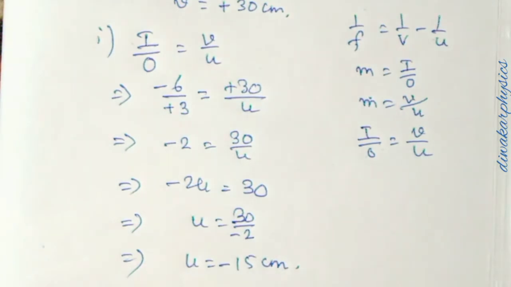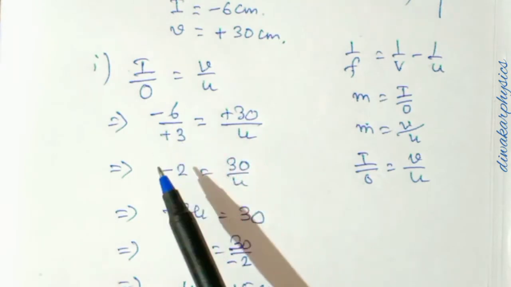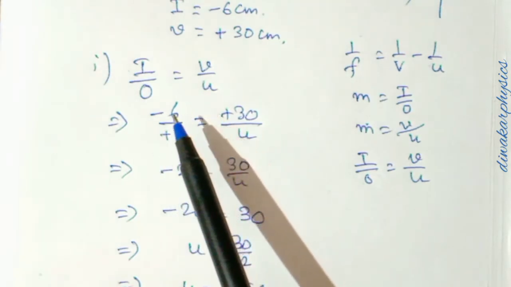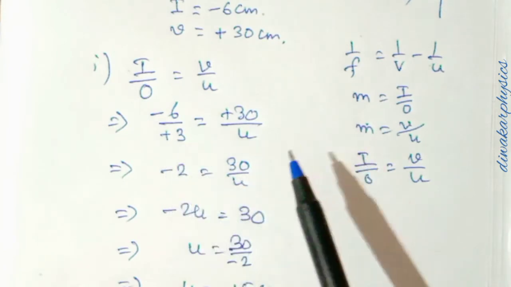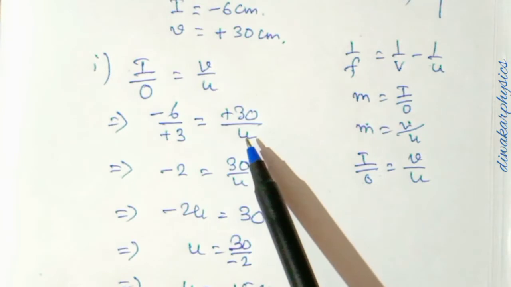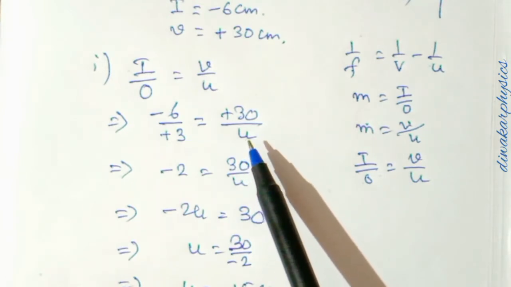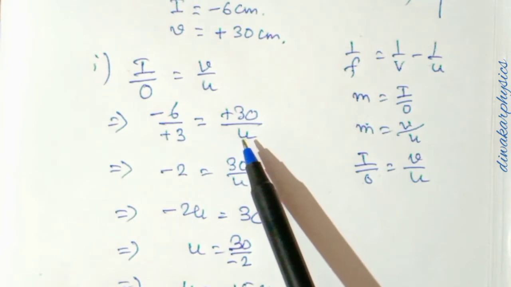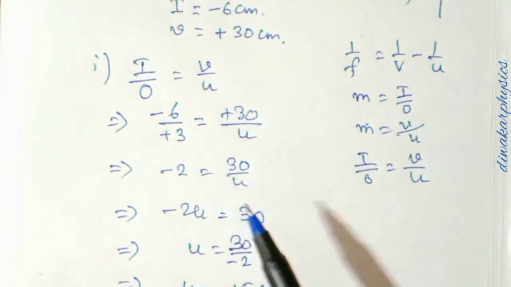One interesting point I want to tell you here. Whenever you put sign conventions, only put the signs in the known values. For example, u is unknown here, and we know u is always negative for all convex, concave, all situations. So don't think to put minus u here. Don't put the sign of unknown quantities.